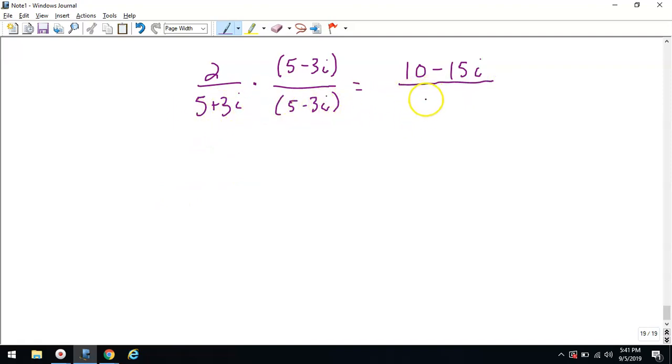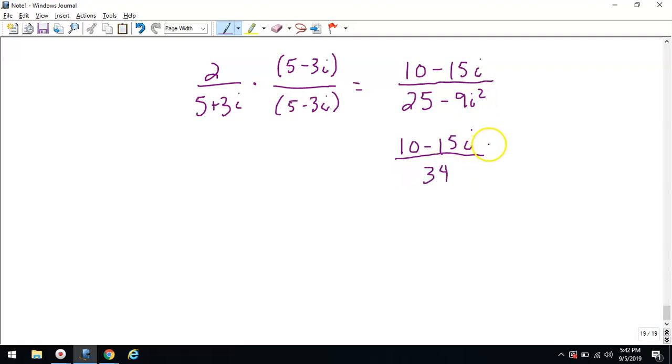It will be 25 minus 9i squared, but 9i squared is just going to be negative 9, so it's going to be 25 plus 9, which is going to be 34.